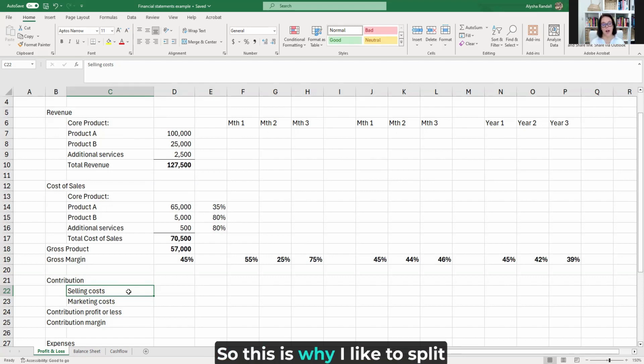So this is why I like to split these out from your general expenses, because it gives you more information and it helps you understand where things are going. And it also helps you understand profitability, CAC, and LTV, lifetime value, which I will go through. So it's also another way of presenting to fundraisers.